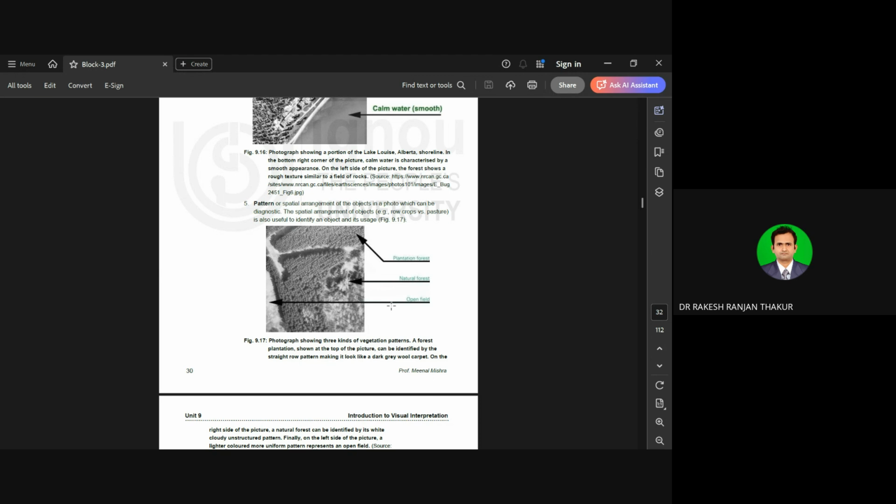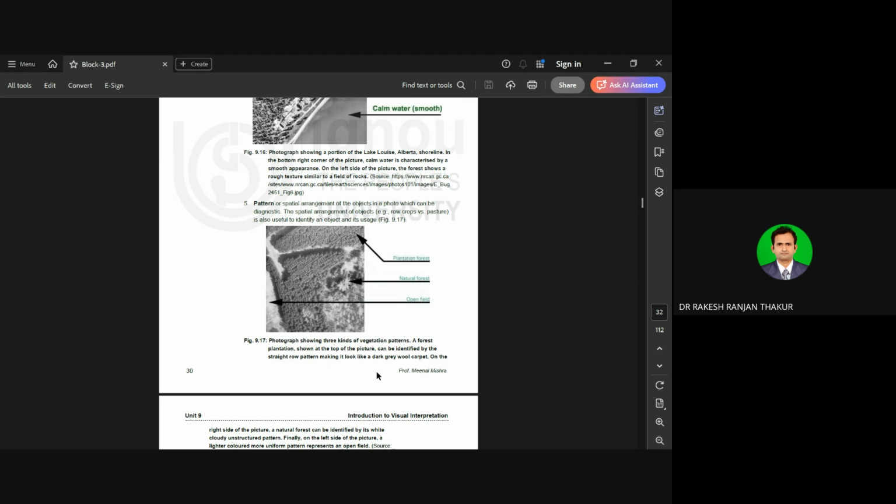That's why it may be in a regular shape, right? But on the other hand, the natural forest grows on its own, and it does not follow a regular shape. Rather, it has an irregular shape. So you can see the difference here between plantation and natural forest, right?